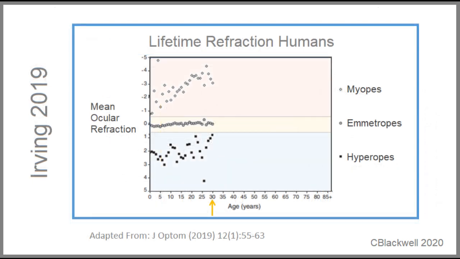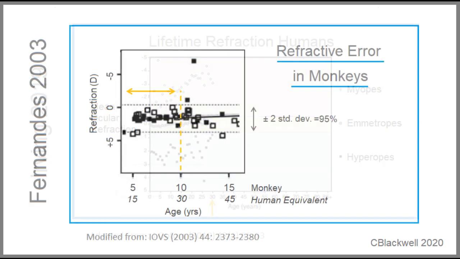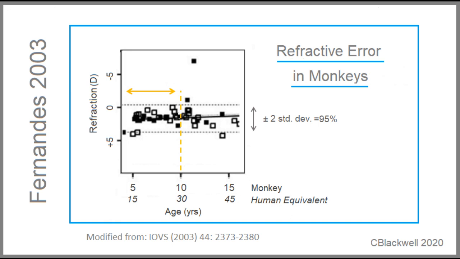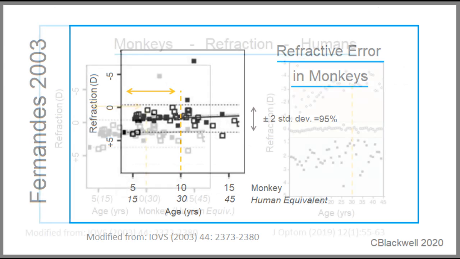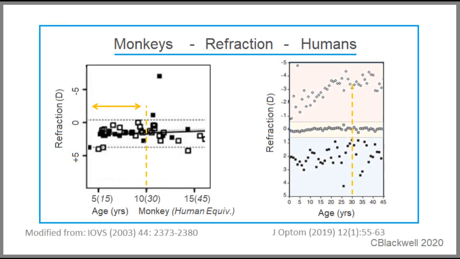If we take the human period we are interested in as up to age 30, there is a high proportion of myopia. The equivalent monkey youth would be up to 10 years. In that period, they show a few hyperopes and no myopes. Comparing the equivalent age groups side by side, for the monkeys, we do not know their history of light exposure.